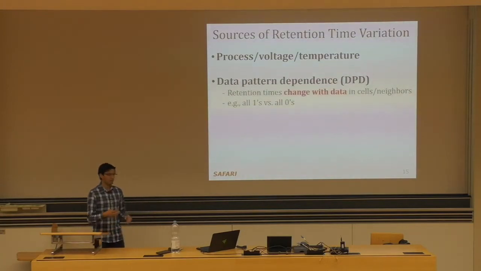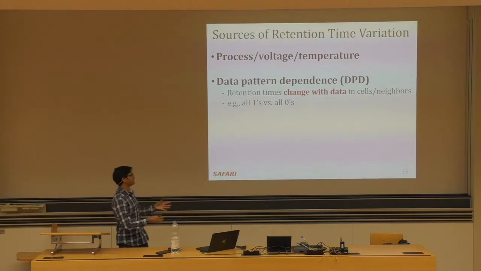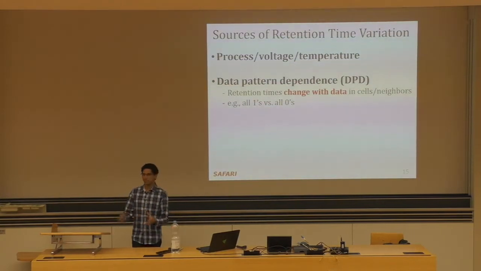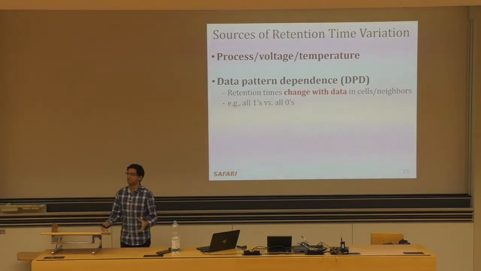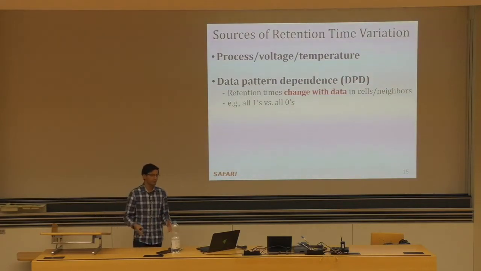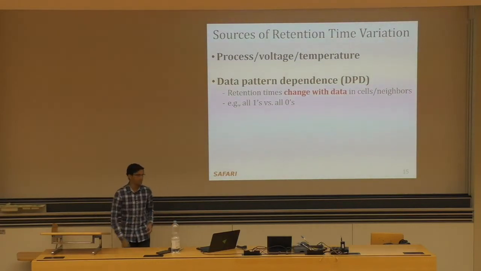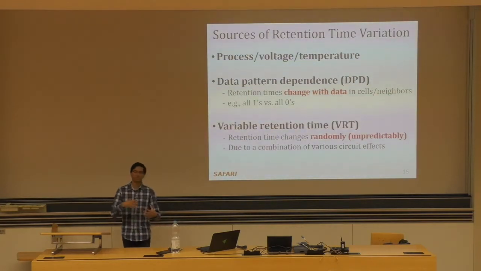A second point is that there's a phenomenon called data pattern dependence, which means that the retention time of any given cell actually changes depending on the data that we program into the cell and into the neighboring cells, right? And so if we program this DRAM device with all ones, we expect the cells to have different retention time than if we program them all with zeros, right? And finally, there's an effect called variable retention time, which leads to random and unpredictable variations in the retention time.